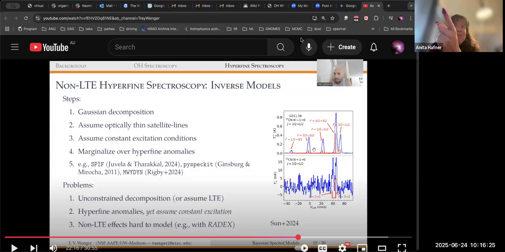But they would have to match their predicted height ratios, which, if LTE isn't a valid assumption, then they won't, and everything falls apart. Yeah, thanks for that.